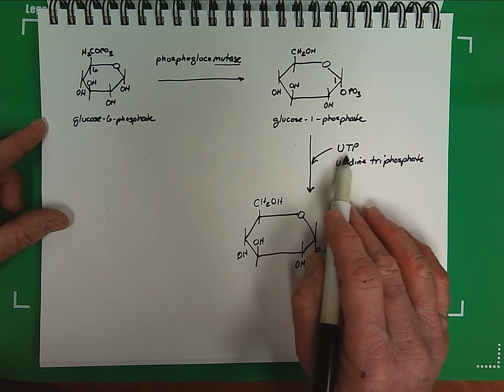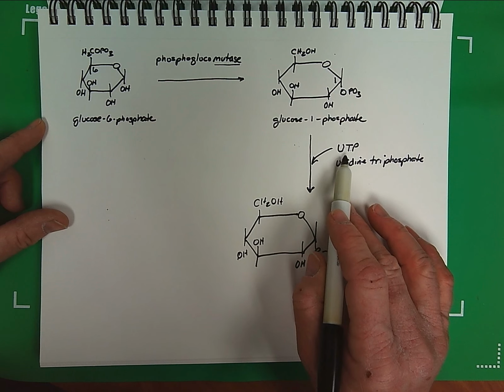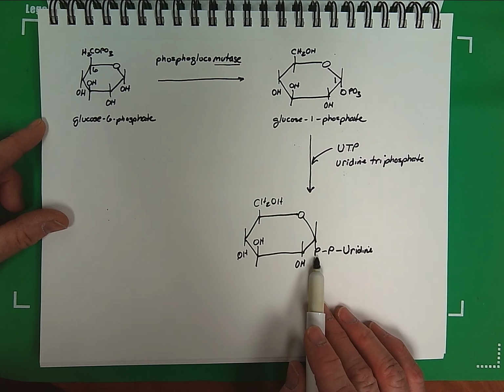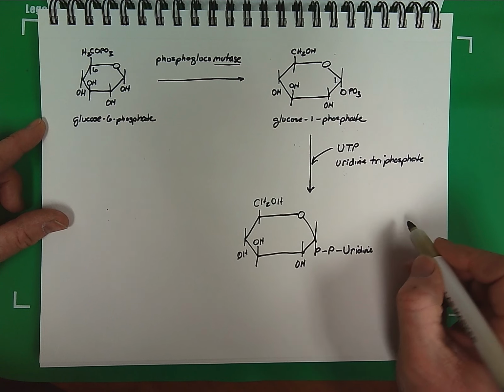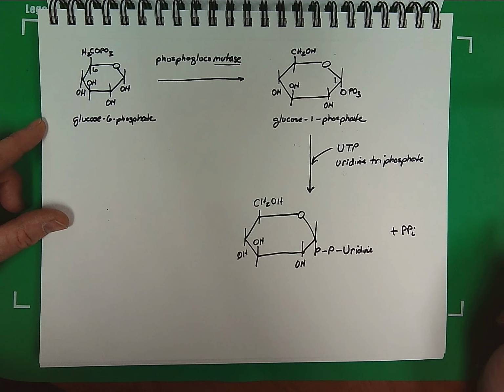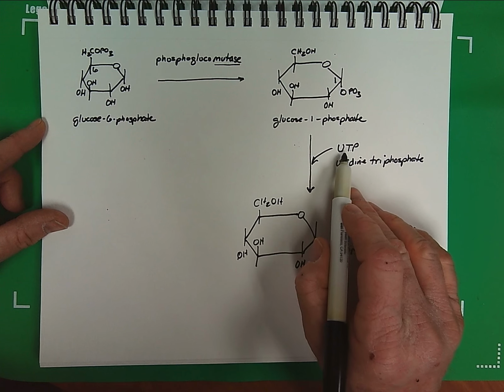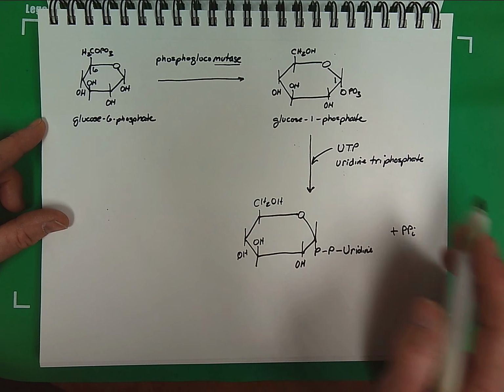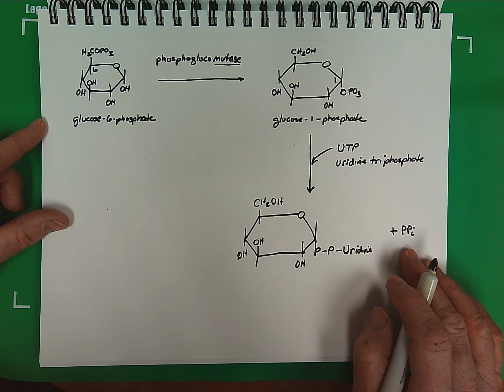So we are actually taking UMP from UTP and attaching it to the number 1 carbon phosphate. What's left are 2 phosphates linked together. Because recall, UMP has only 1 phosphate, UTP has 3, so there's 2 phosphates that are missing in this reaction.